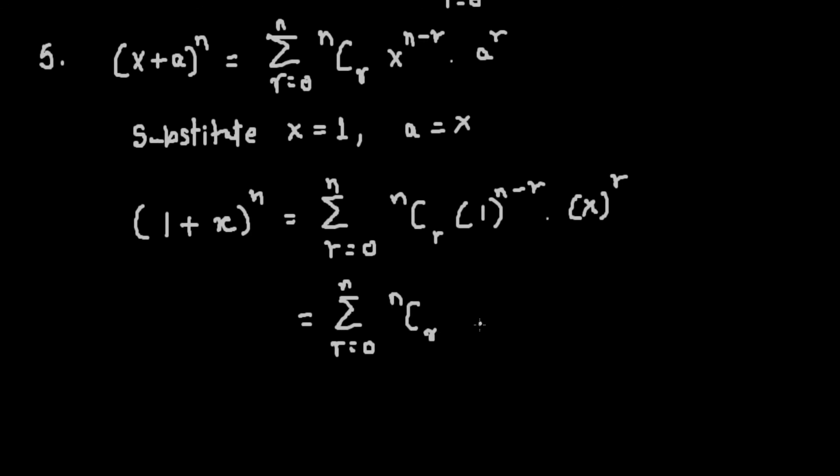Now this is going to be 1, since 1 raised to any index is always 1. So we are left with only x raised to the power of r. That's it. So this is the expansion of (1 plus x) whole raised to the power of n.